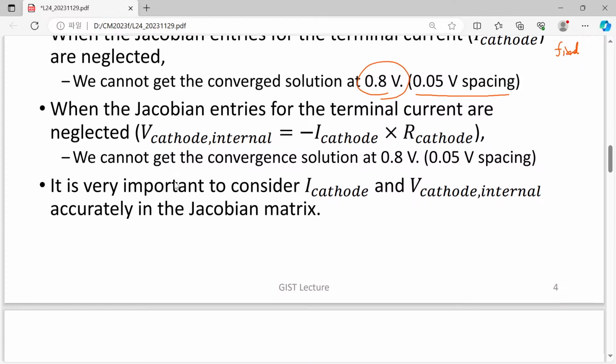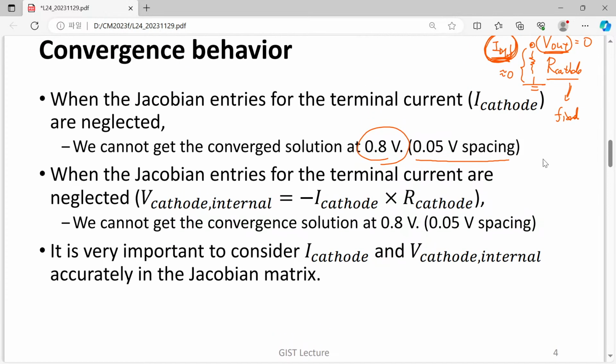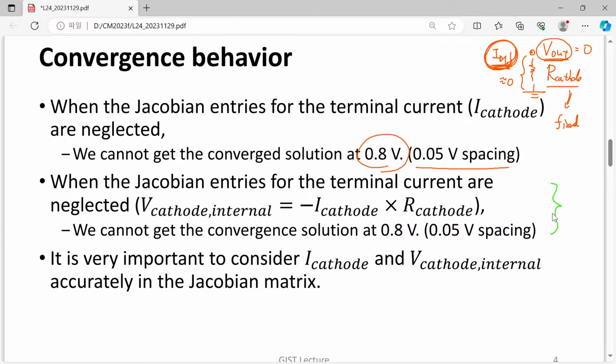Okay, sorry about that. In this experiment, I just used a different one. So in this case, terminal. Oh, I think that I made a mistake. So this is not this way.